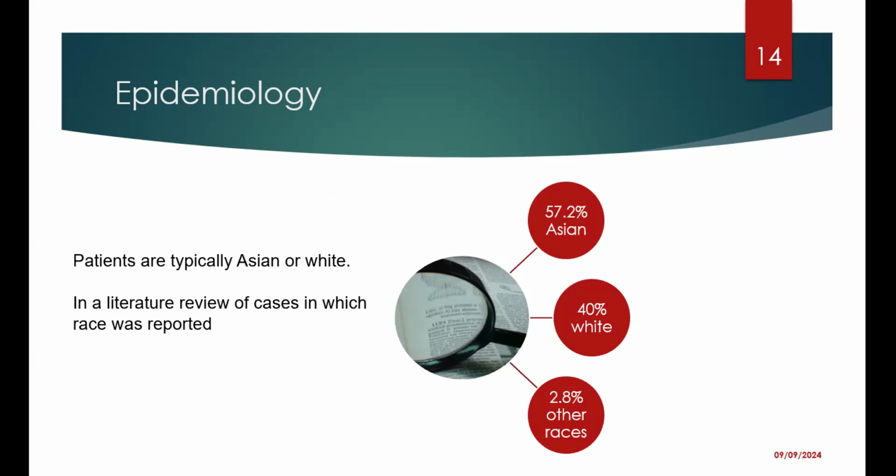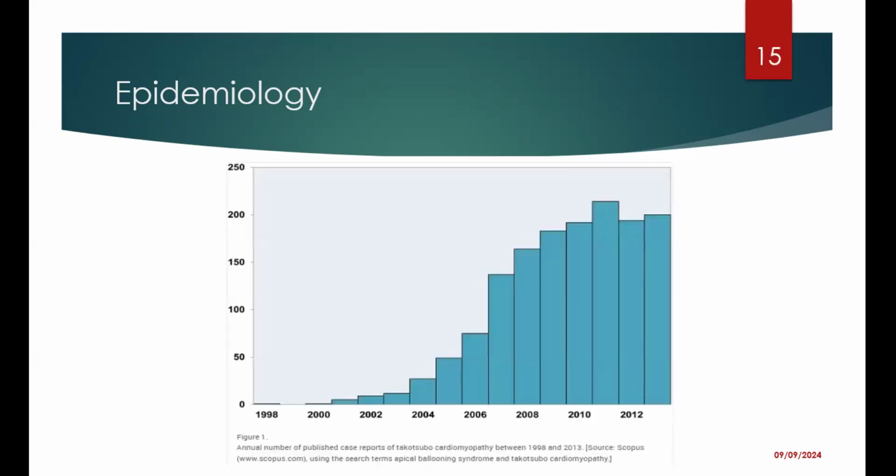In a literature review of cases in which races were reported, 57.2% were Asians, 40% were white, and about 2.8% were from other races. The actual incidence of Takotsubo is not known, but it has been increasing since it was discovered in 1990 up to date.